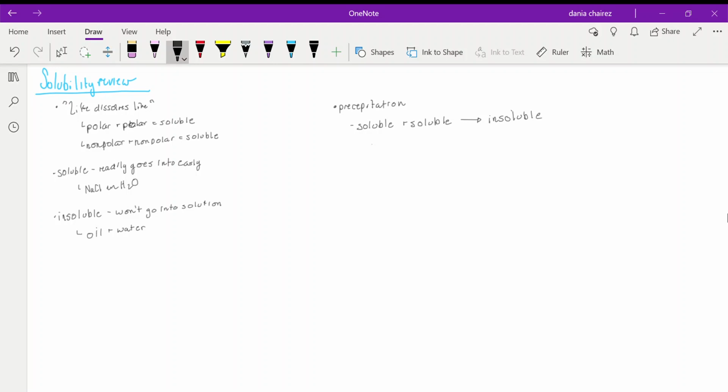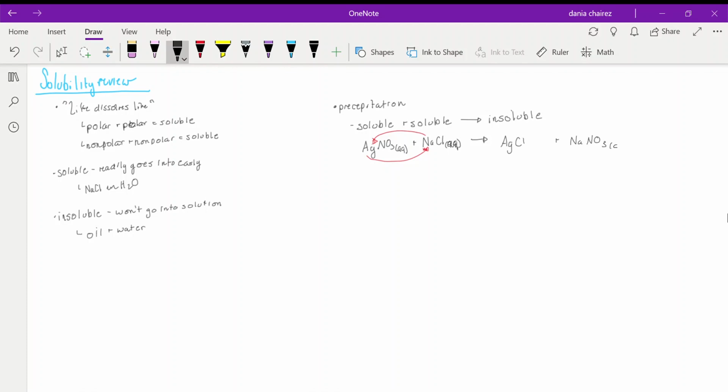So take, for instance, if we were to do silver nitrate, which is soluble, so it gets the aqueous subscript, plus sodium chloride, which I just said was soluble. That should say aqueous. Okay, so then what that would give you is this double substitution. You end up with silver chloride plus sodium nitrate.